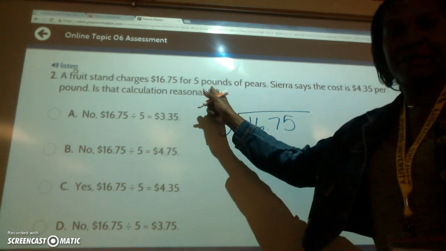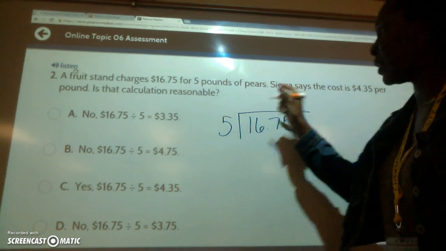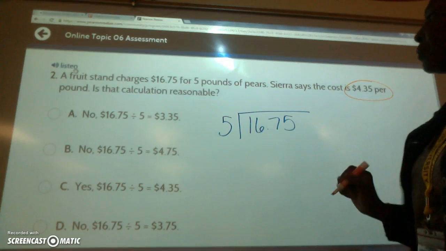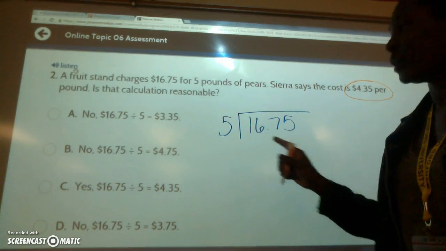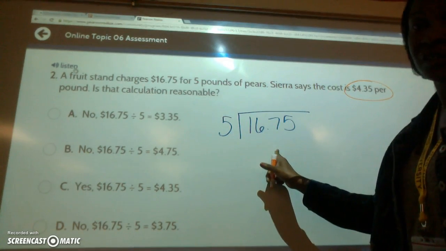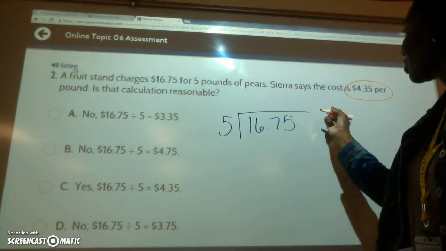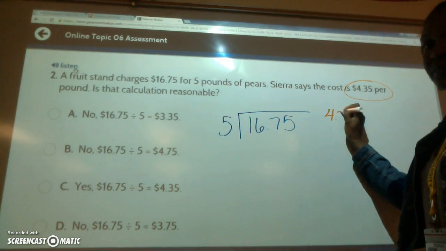16.75 divided by 5 pounds. We're trying to find out if this statement that she made per pound is the answer we get. So you can write it out in division and work it out, or we can just check her answer.